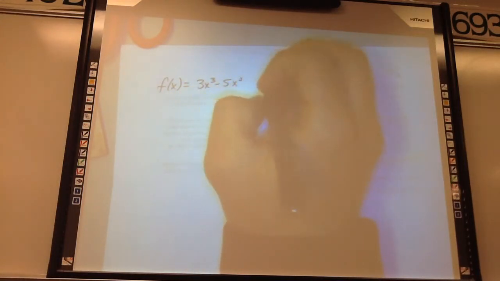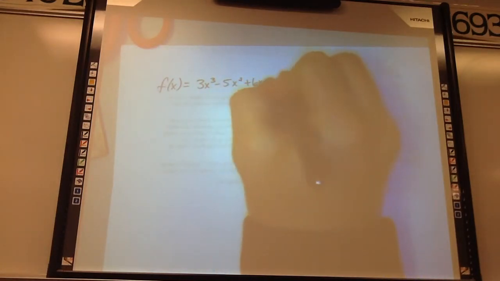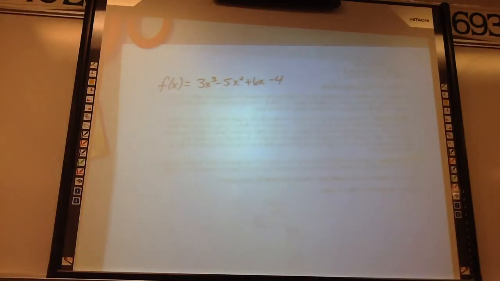Here, I'll read it to you. Let f of x equal, are you guys on this page, 42? You've got a polynomial with real coefficients. It says the number of positive real zeros of f is either equal to the number of variations in sign of f of x or less than that number by an even integer.